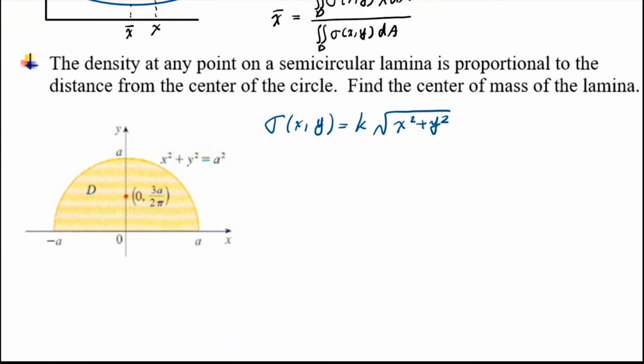Then shall we calculate the mass first? Yeah, let's do that. So your mass will be the double integral of our density function over this region D. Now, looking at this region, something tells you that you need to go polar, correct?